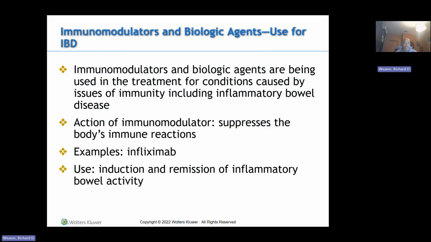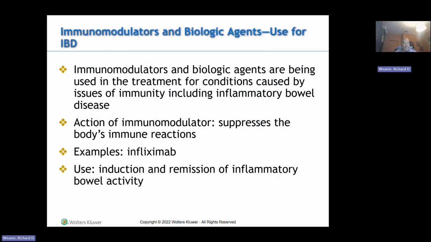At one time, this drug was reserved for those who did not respond to aminosalicylates or corticosteroids. So those patients who did not respond to either of those medications, immunotherapy is now becoming more prevalent for both induction, or when we're starting treatment, rather. That's what they mean by induction. You're starting the treatment.